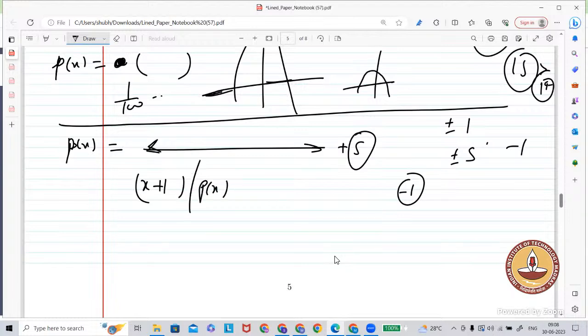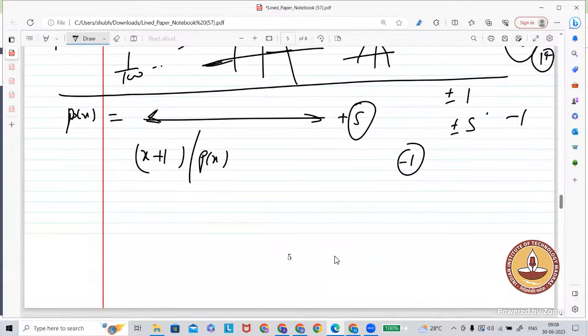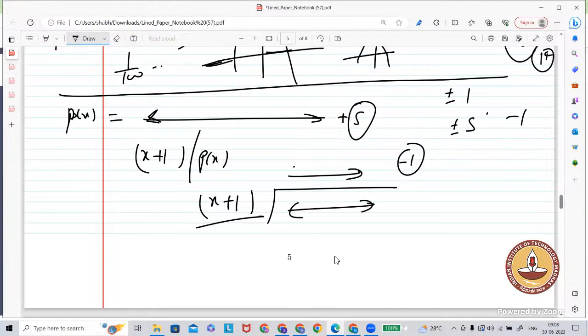Right? So what you can do is take x plus 1 and divide the polynomial by that, and you will get the quotient. The remainder is 0, since x plus 1 is a factor.